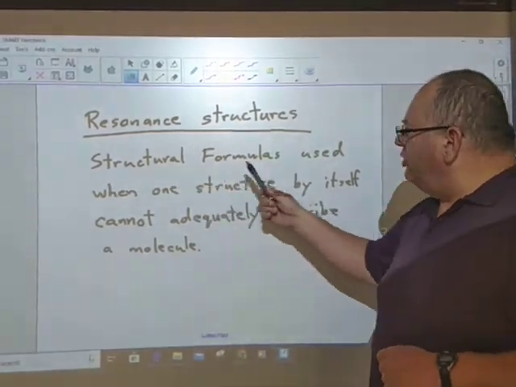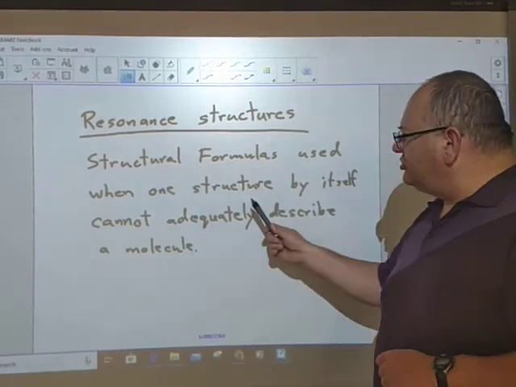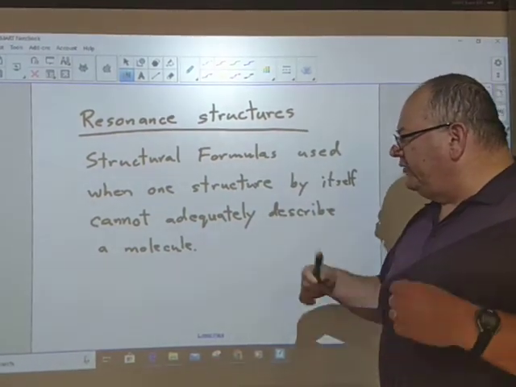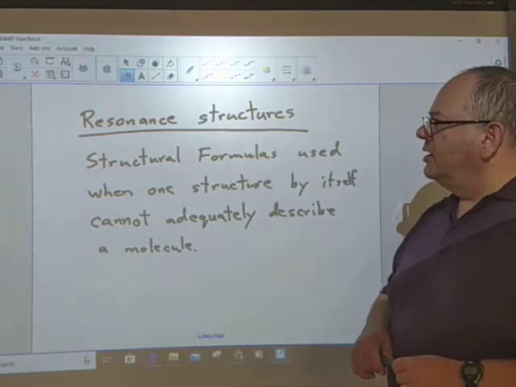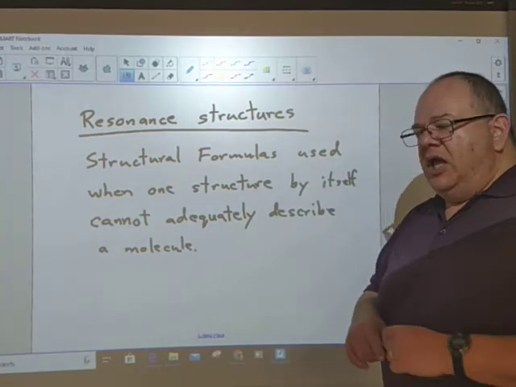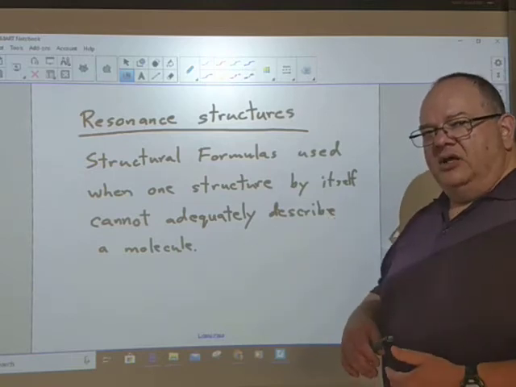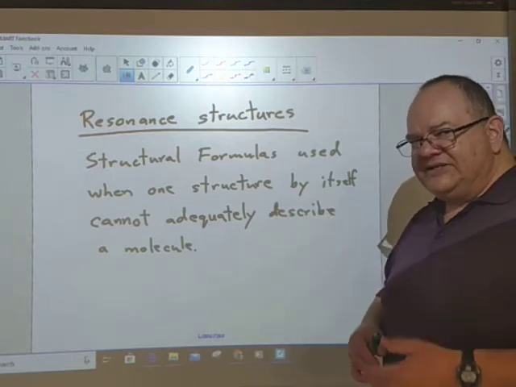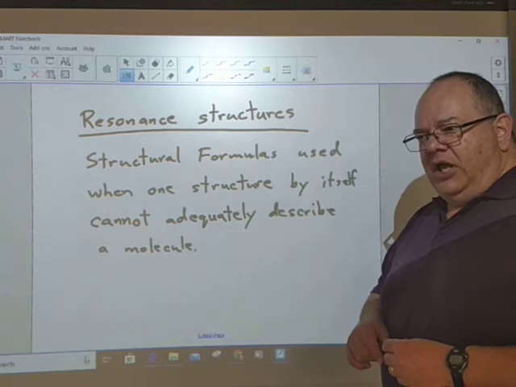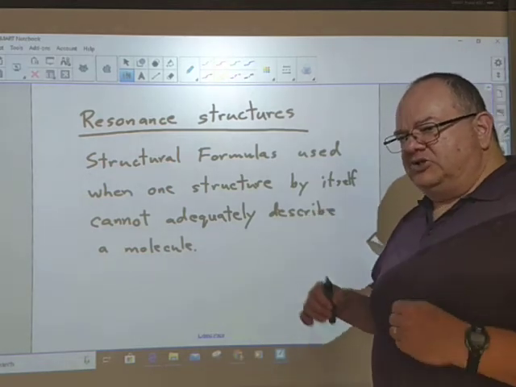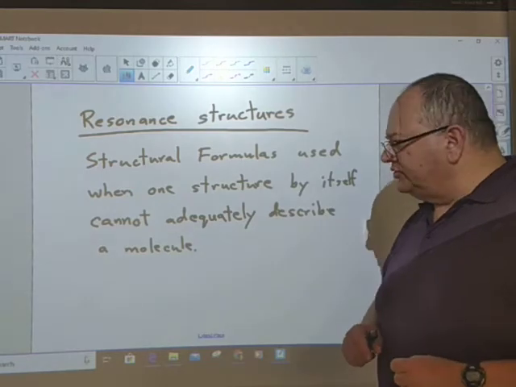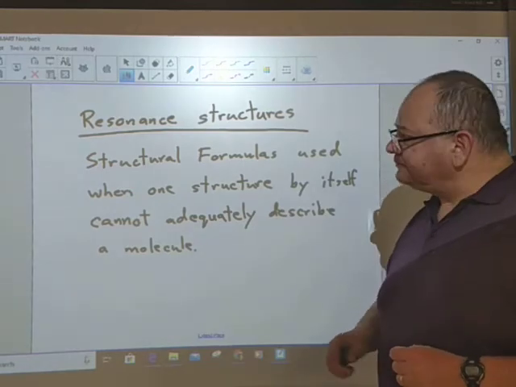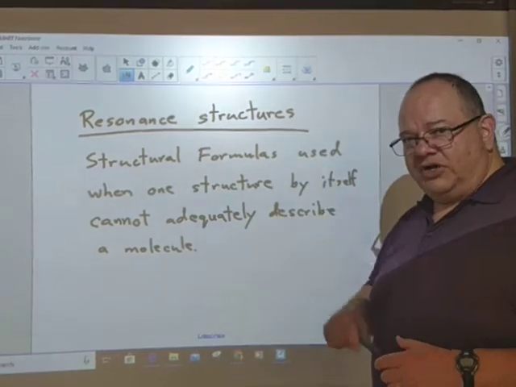These are structural formulas used when one structure by itself cannot adequately describe a molecule. So that nitrate ion has 3 equivalent resonance structures. And the best description of a nitrate ion would be a blending of those three structures, not any one by itself. Resonance structures.